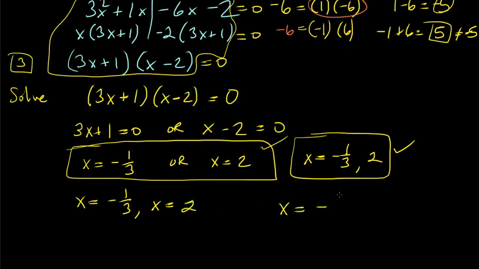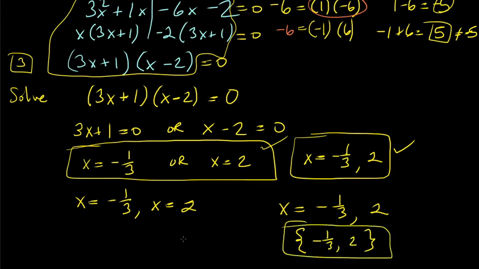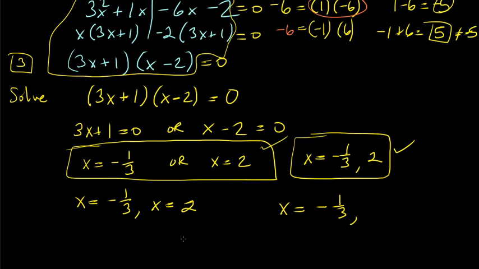Or you can just write it as x equals -1/3, comma 2. Or you can even write it as a solution set, -1/3 and 2. That's being a little fancy, but if Connect Math wants it as a set, then write it as a set. But on a test, I am not going to be picky about how you write it at all. As long as you have them both, that's good enough.